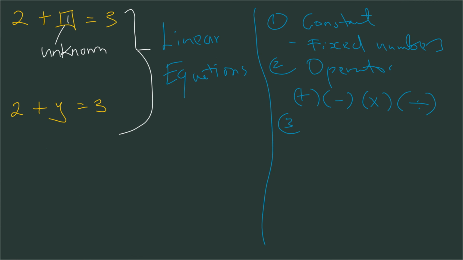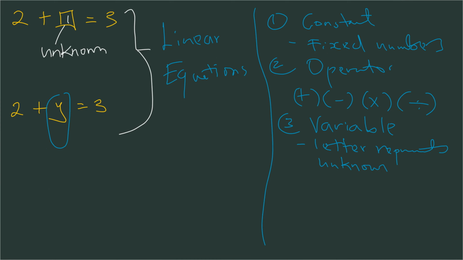Another thing we notice about linear equations is that they have a variable. A variable is that letter that represents the unknown. In this case, this is our variable, it's unknown.